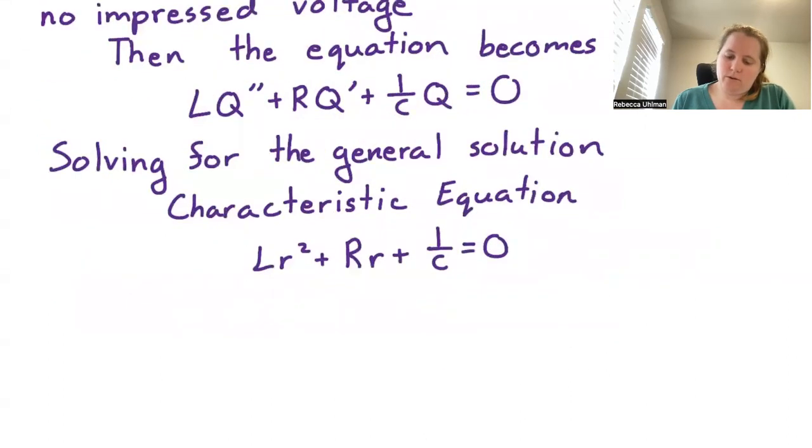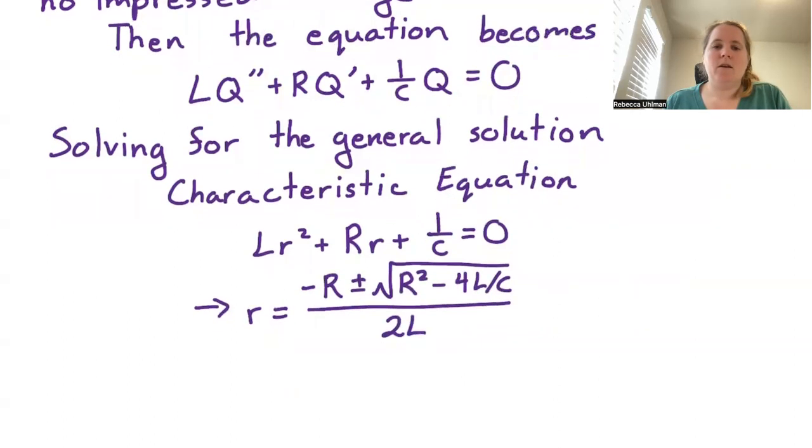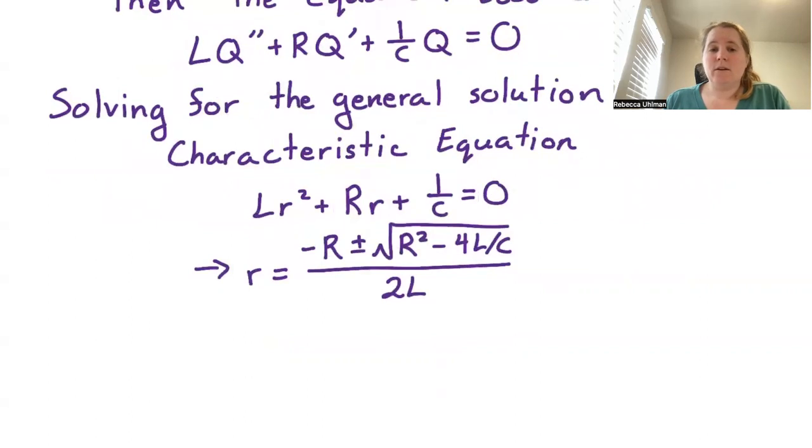And so using the quadratic formula, we get that r is equal to negative R plus or minus the square root of R squared minus 4 times L divided by C, all over 2L. Note here that the numerator is always going to have negative real component.